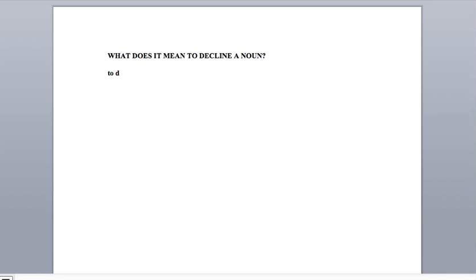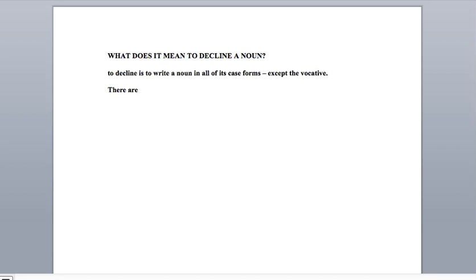To decline a noun is to write a noun in all of its case forms, except the vocative. We usually don't write the vocative. You can, but it's not required when you decline a noun because, once again, we simply remember that the vocative looks the same as the nominative.